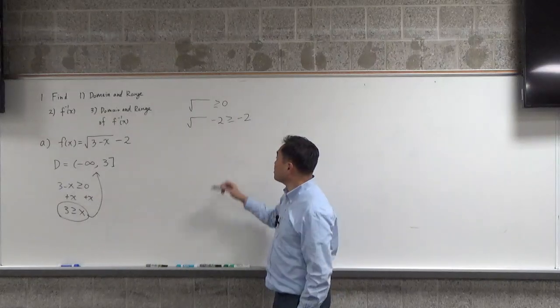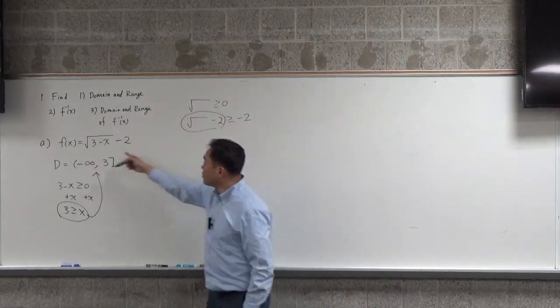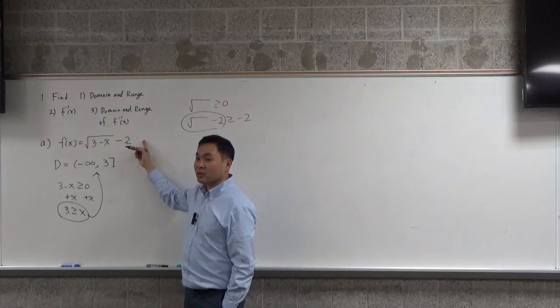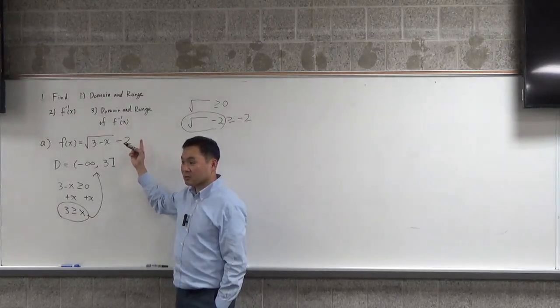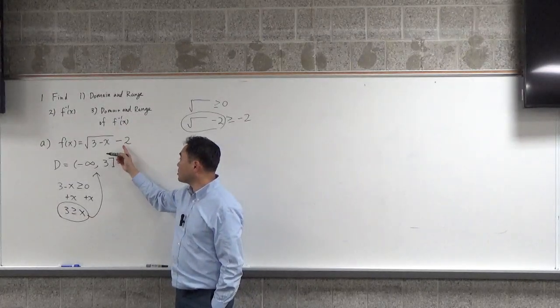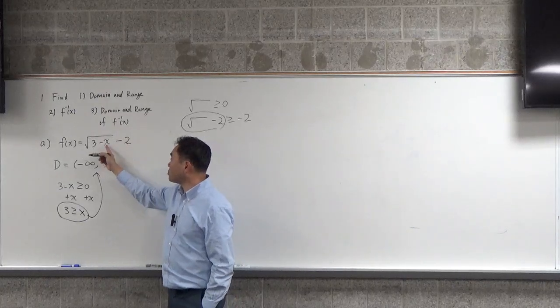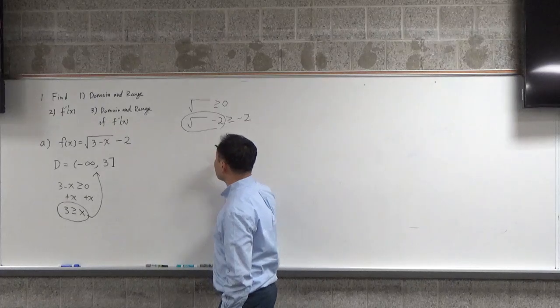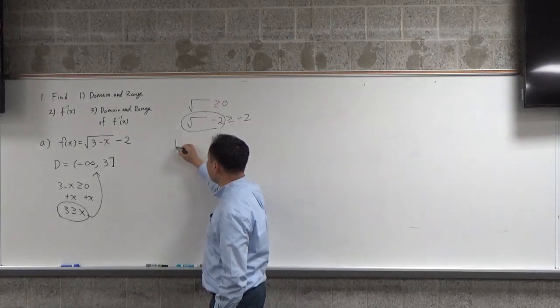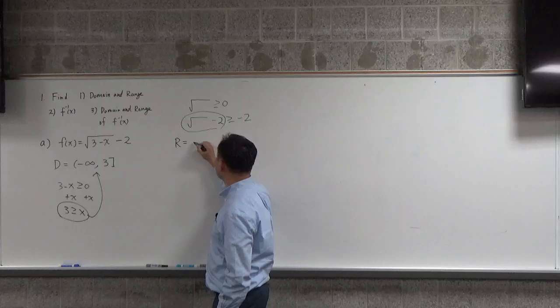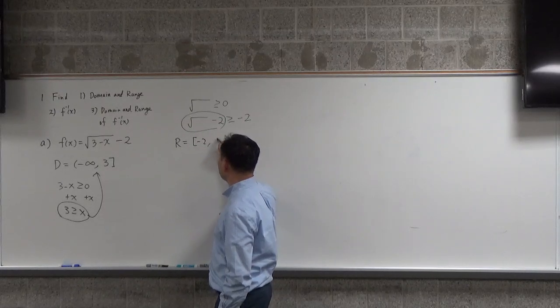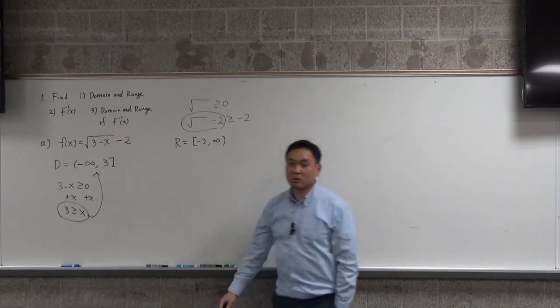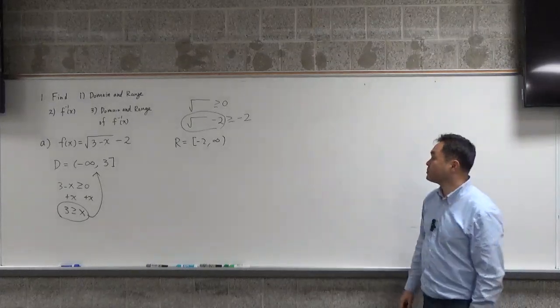So you see that the value of this function has to be -2 or greater. The only time it gives you the actual -2 is when you plug in 3 into this function. So that tells us that the range is equal to -2 and every number after it.